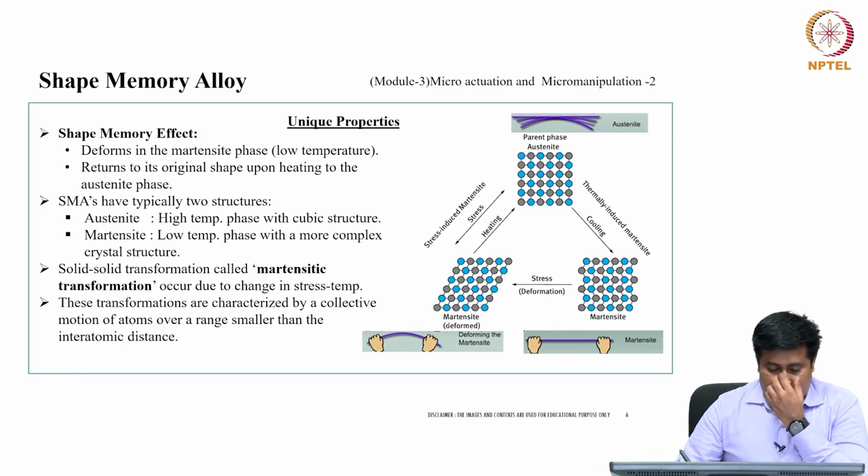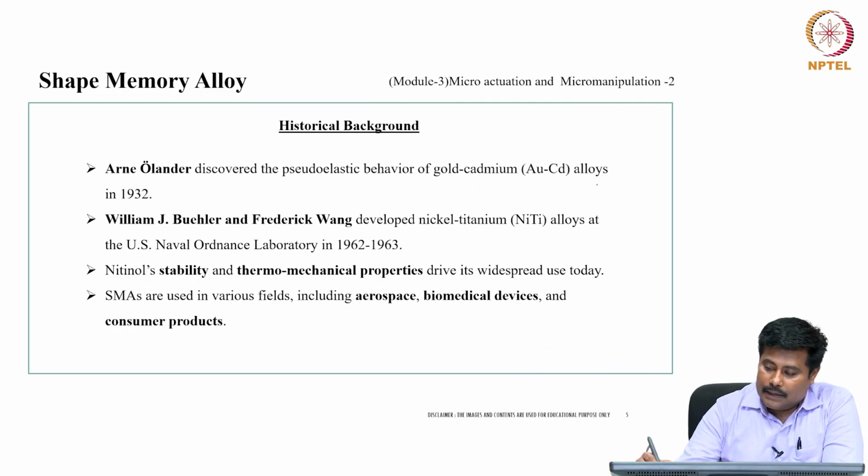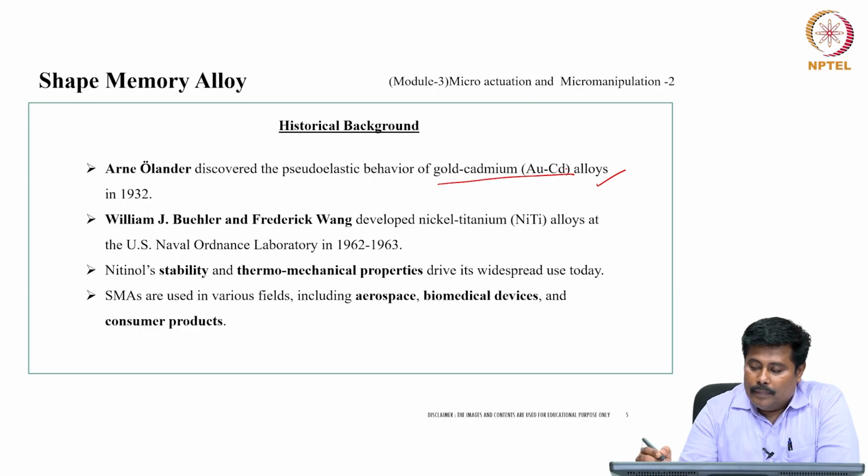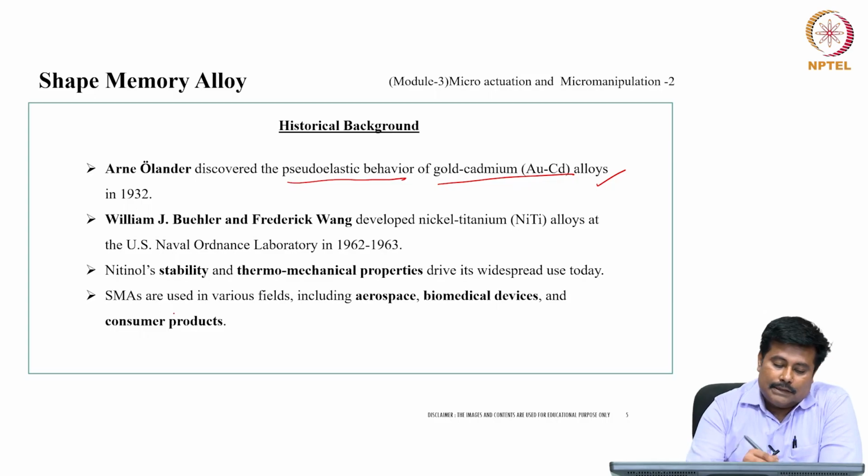As far as shape memory alloys are concerned, we need to understand the history of shape memory alloy. In fact, the first shape memory effect was demonstrated in the gold cadmium alloys, where it had a kind of pseudo-elastic behavior. So the first SMA characteristics was demonstrated in 1932.